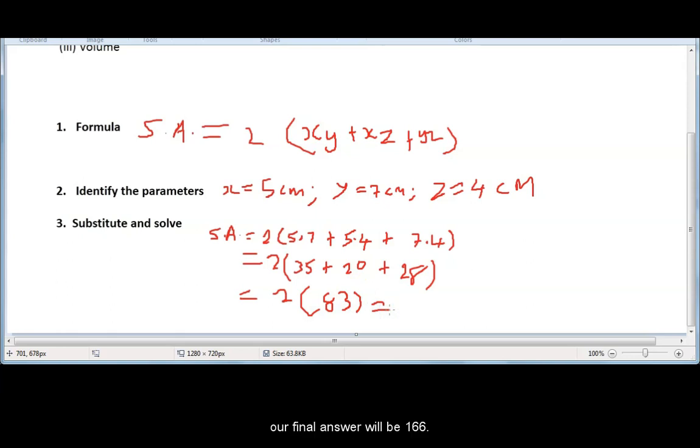Our final answer will be 166 centimeters square. That's it.